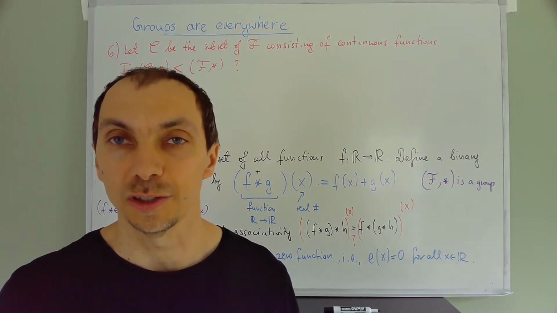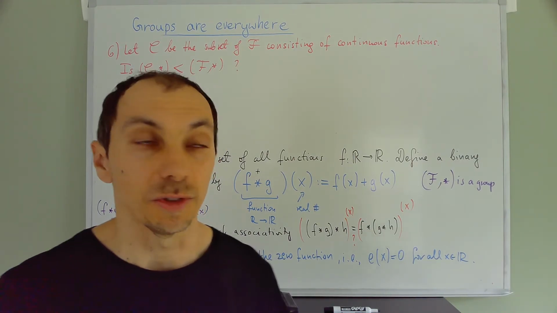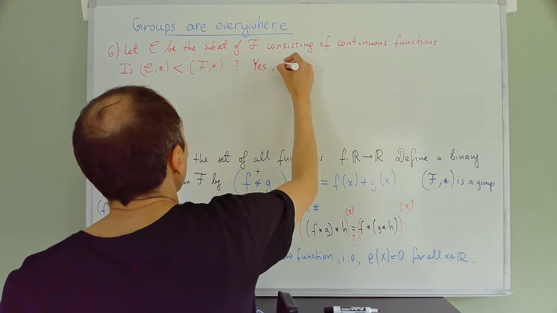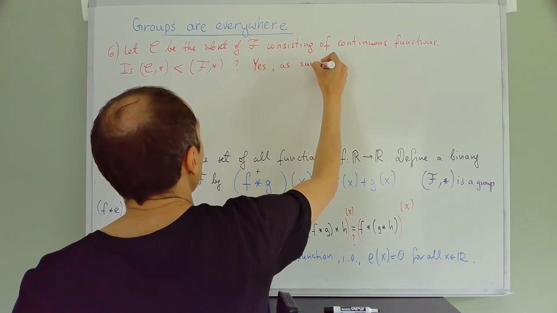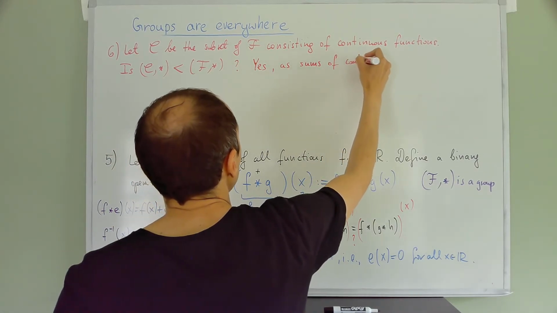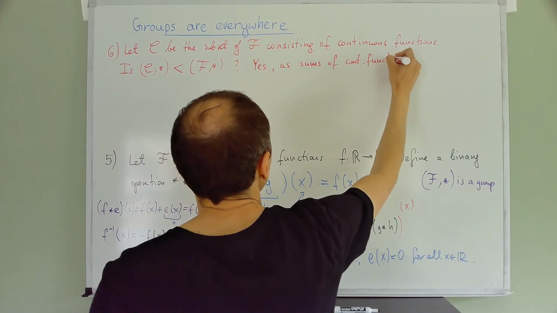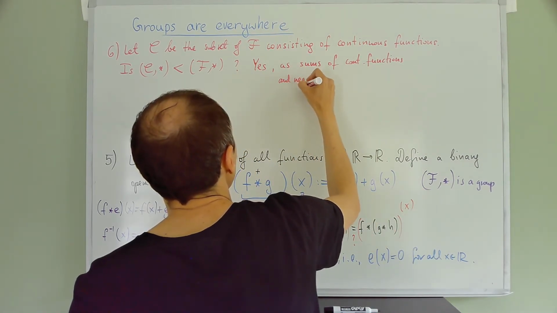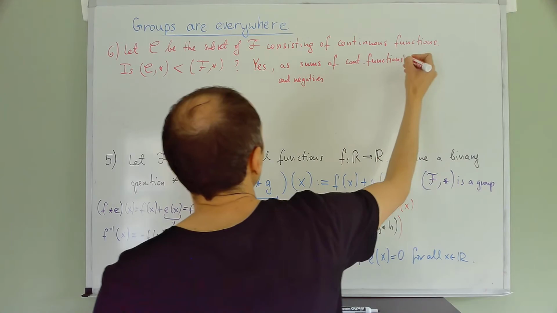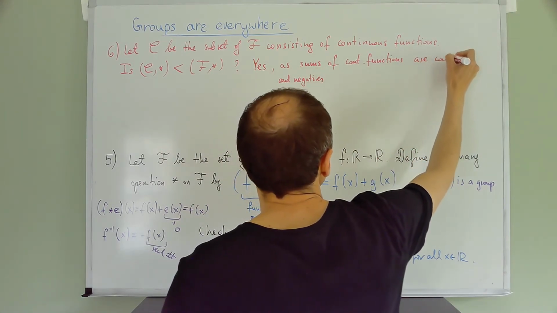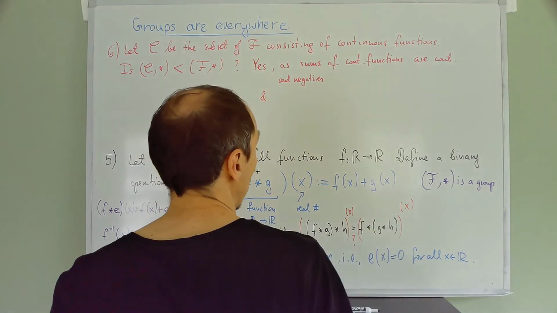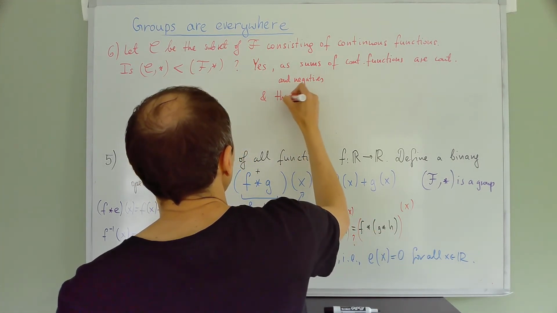The negative of a continuous function is a continuous function. So yes. Sums and negatives of continuous functions are continuous, and the 0 function is continuous.